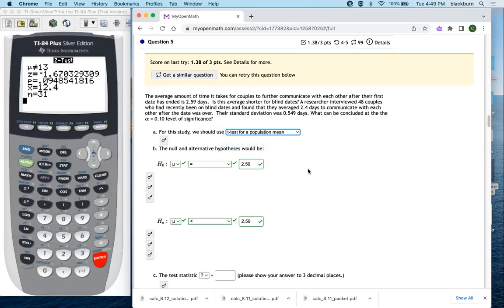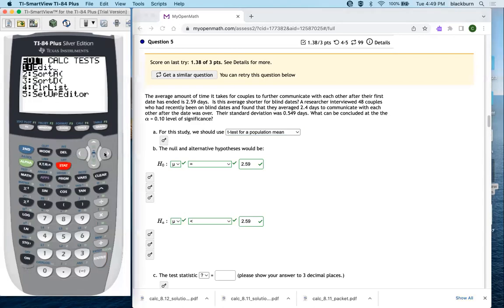All right, the t-test works pretty similarly. So let's check it out. We go to stat, over to tests. This time we're going to choose option 2, the t-test. Hit enter. Now we're going to input stats again. We know the mu is 2.59. That's my mu sub 0, population mean.